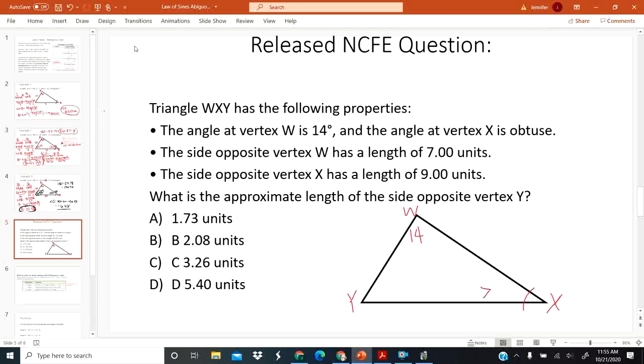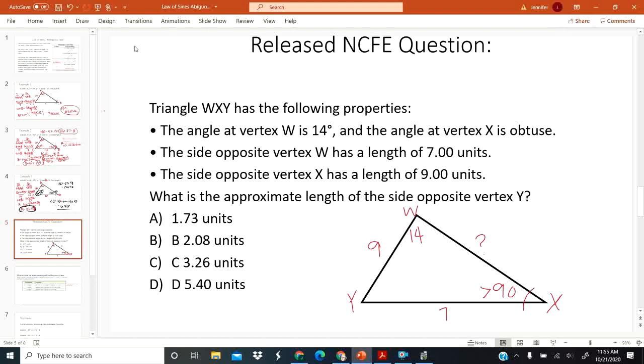So obtuse means it's greater than 90 degrees. And then the side opposite of vertex W has a length of 7, and the side opposite of vertex X has a length of 9. And it wants to know what is the approximate length of the side opposite vertex Y. So that's going to be this length right here is what we're looking for.